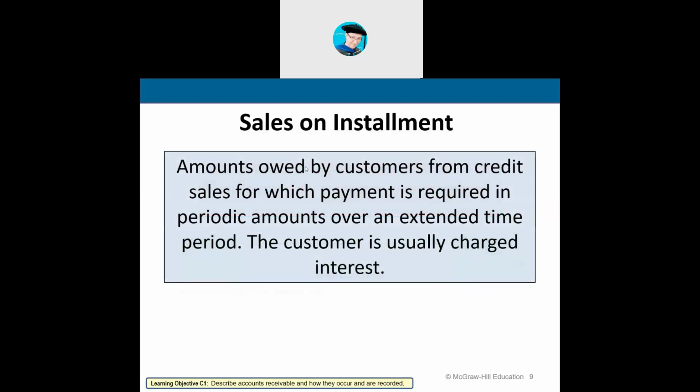Okay. Sales on installment. An installment simply means that the customer pays a fixed amount every month or every time period. Think of when you have a loan on your car, a car note, and you have to pay the same amount every single month.